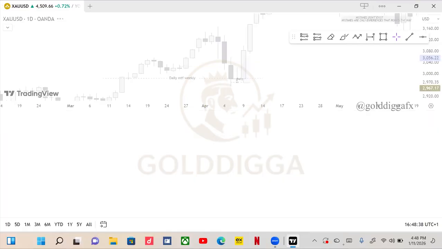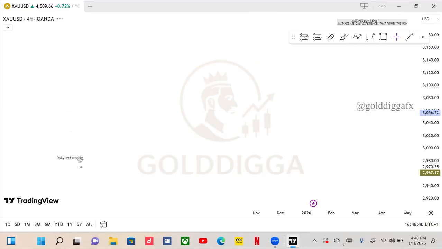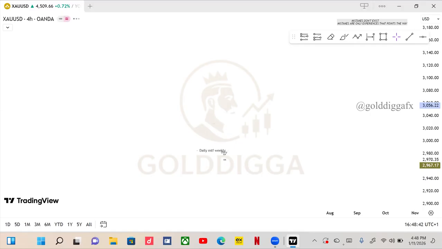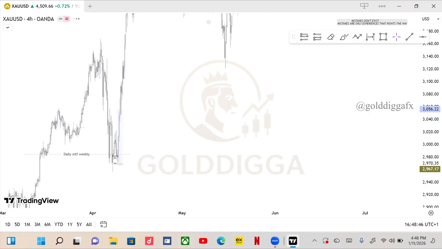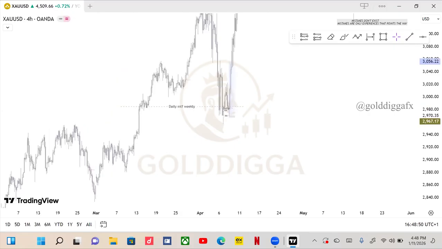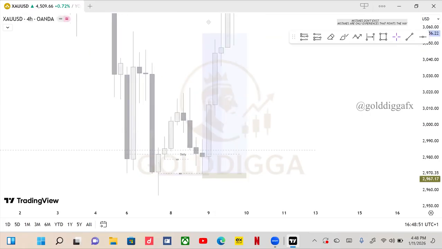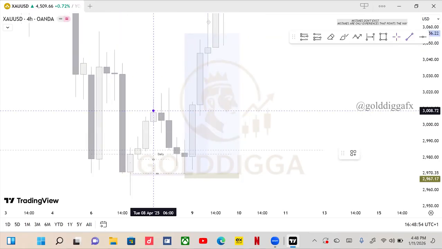4 hour. If we have a 4 hour breakout, what does that make the storyline? Bullish, right? So after that, we had our 4 hour breakout from here.